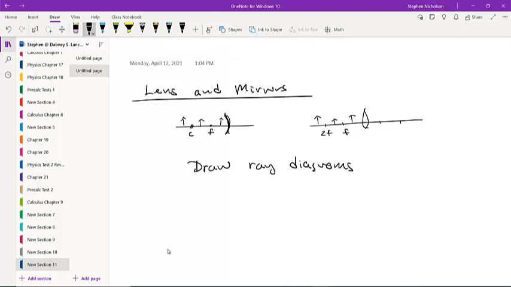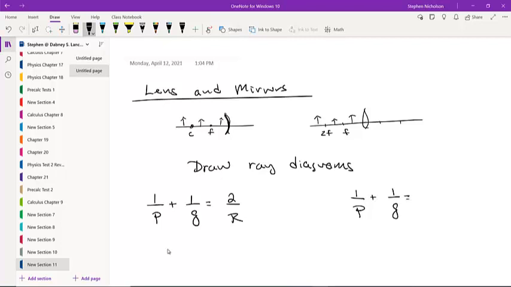Also use the lens and mirror equations for those situations. So there's not going to be any convex mirrors or any concave lenses. It's all going to be the scenarios that we talked about. And they look very similar to each other.